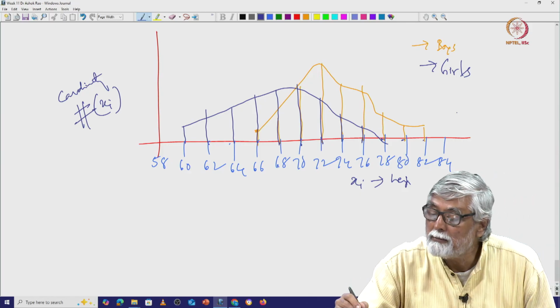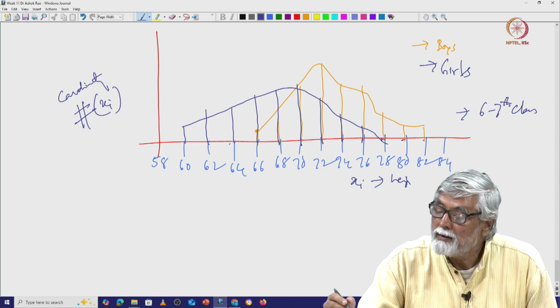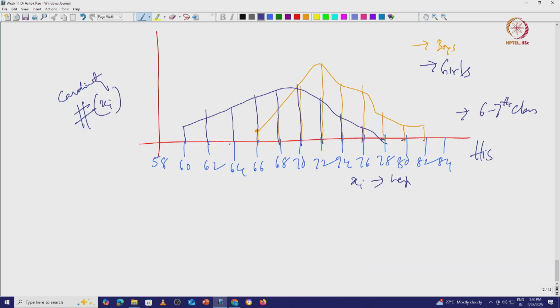This is something you would have done in 6th or 7th grade. This is called a histogram. Now, what do I want? I want to find a separator which will separate boys from girls with very good accuracy or very low error, whatever you want.